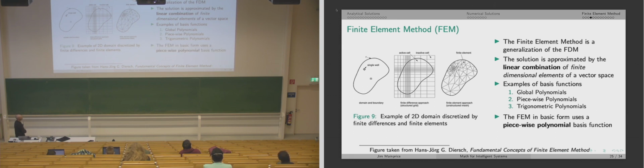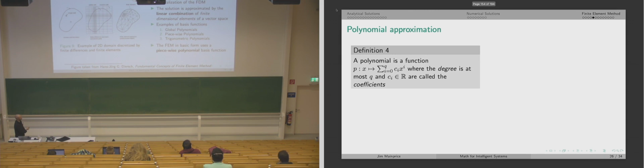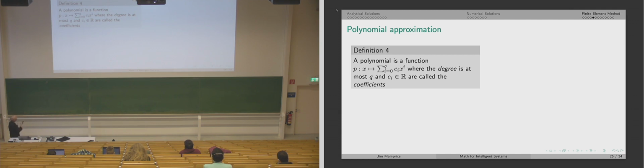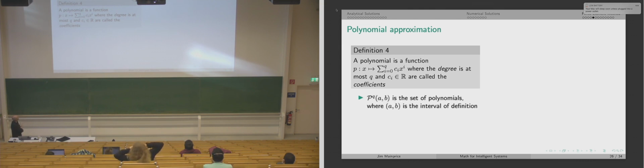And so the finite element method, in its basic form, is the one that uses piecewise polynomial basis functions. What is a polynomial? A polynomial is just the combination of what is called a monomial, which is a coefficient times the variable raised to the power i, where i is the order of the monomial, and the highest order will be the degree of the polynomial.